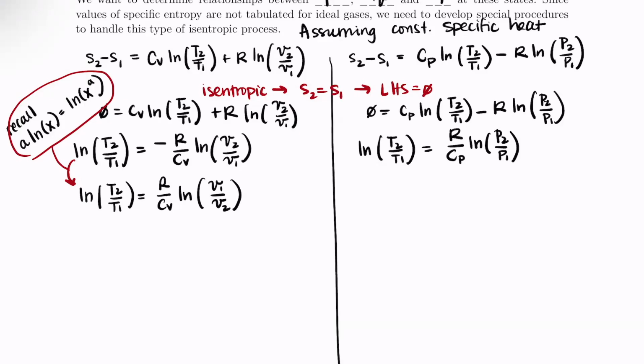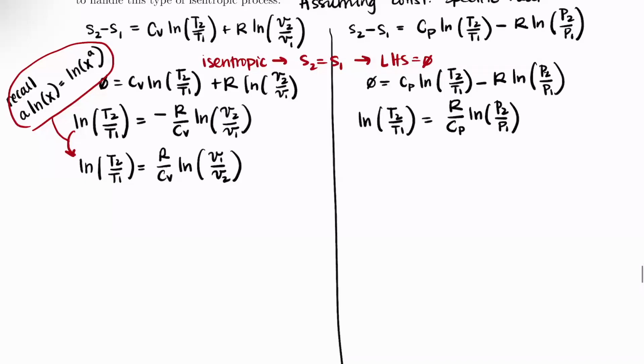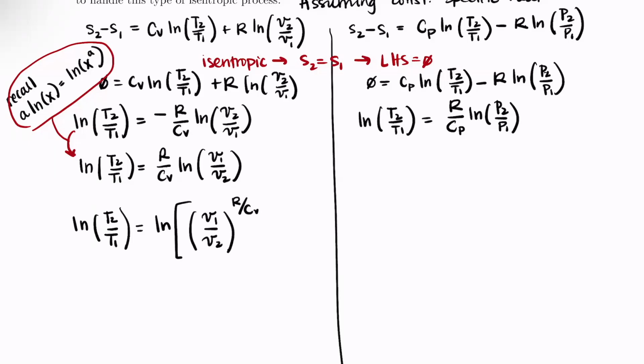And I'm going to also use that rule again. And I'm going to take the R over Cv and the R over Cp, and I'm going to make that the power inside of my natural log. Okay, so I can use that rule again to say that natural log of T2 over T1 is equal to the natural log of V1 over V2 raised to the power R over Cv.